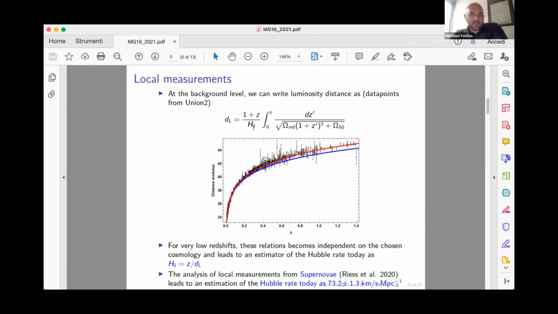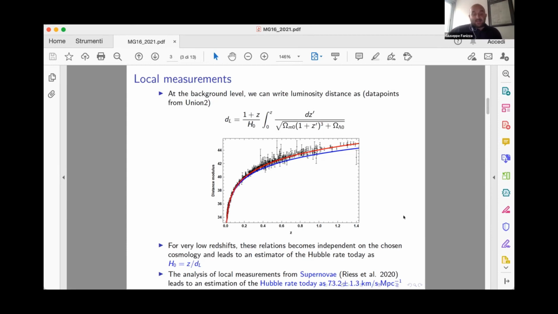By linearizing this background relation between the luminosity distance of a given source and the observed redshift, we can estimate locally the value of H0, which on the other hand is model independent because those two estimations of redshift and luminosity distance are independent.